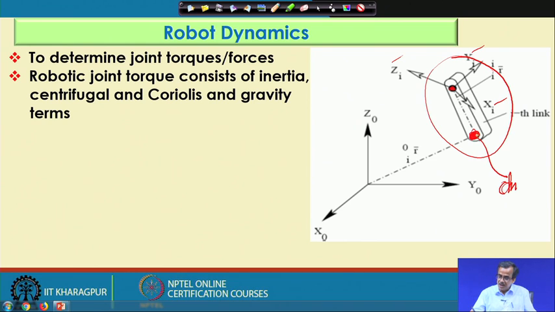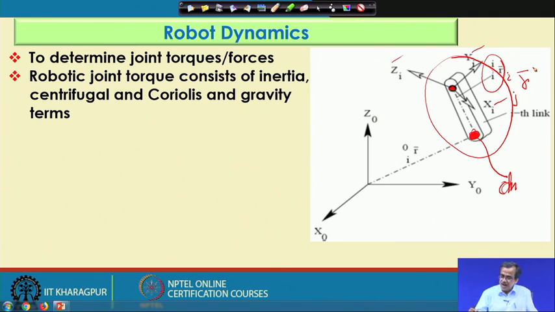Now, this point lying on the ith link can be represented in its own coordinate system by a position vector, which is nothing but r i with respect to i. That means, here I am considering the ith point lying on the ith link. I can also consider the jth point lying on the ith link. In that case, the representation will be r j with respect to i bar.